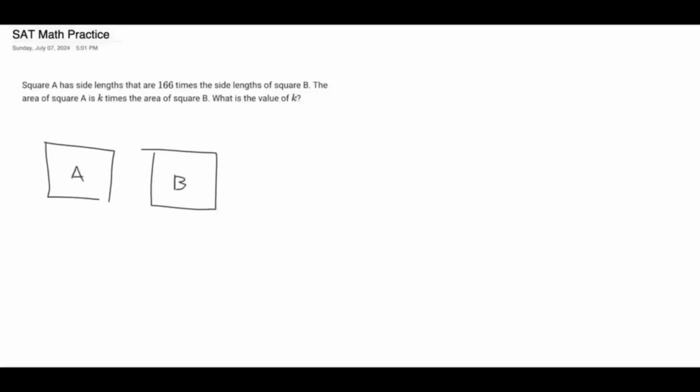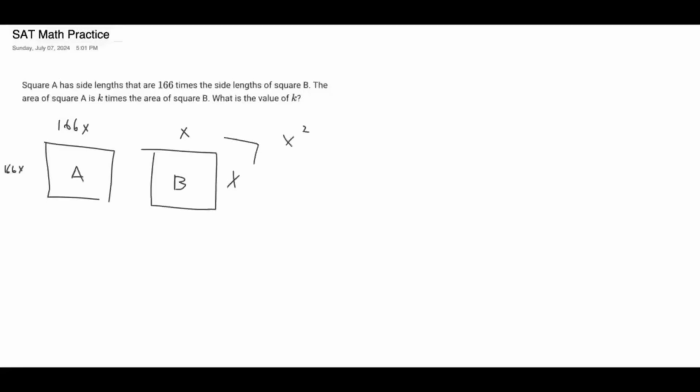All right, and we know the side lengths of A are 166 times the side lengths of B. So if the side length of B is x, then A would be 166x. I'll just put those on both sides. And so to find the area of a square, we'll just do length times width. So if we have x times x, that will give us x squared.